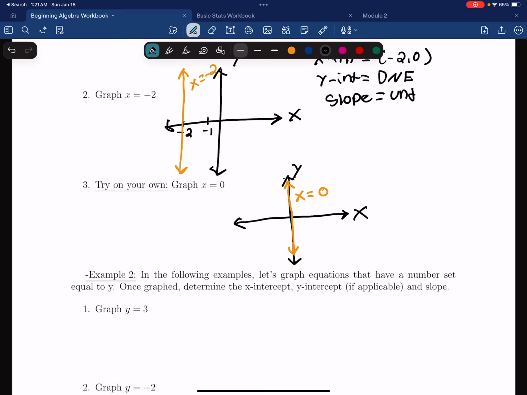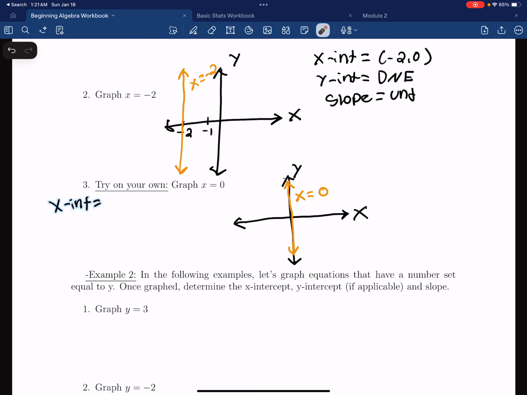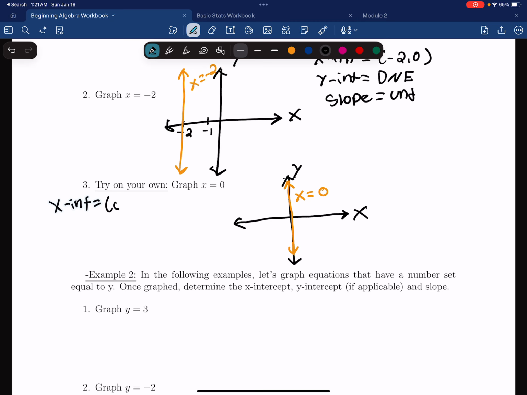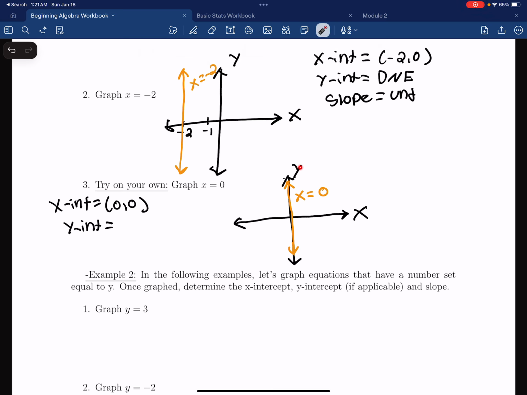So for our x-intercept, our x-intercept is right here. This line crosses through the x-axis at the origin, which is the point 0, 0. And then our y-intercept, well, this line is on the y-axis, right?